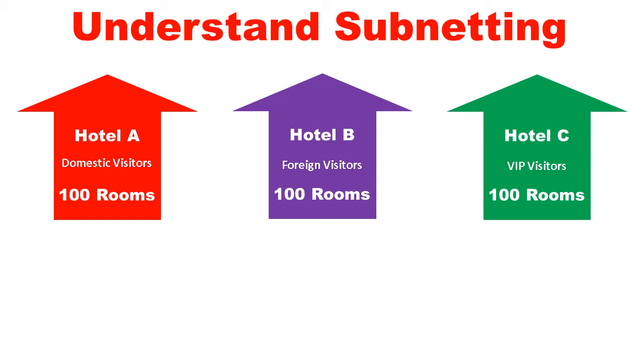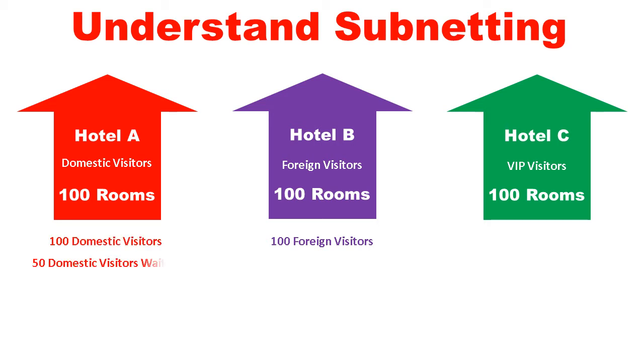And Hotel C also has 100 rooms, but that is allotted for VIP visitors. Hotel B is full with 100 foreign visitors, and Hotel A is also full with 100 domestic visitors.